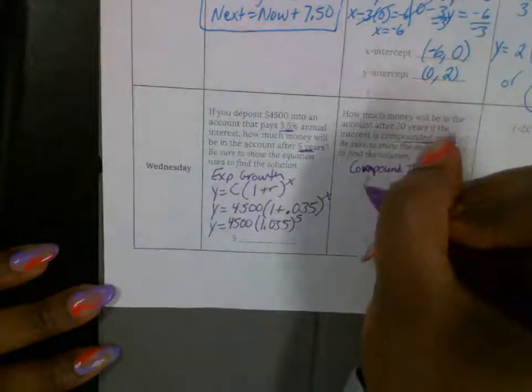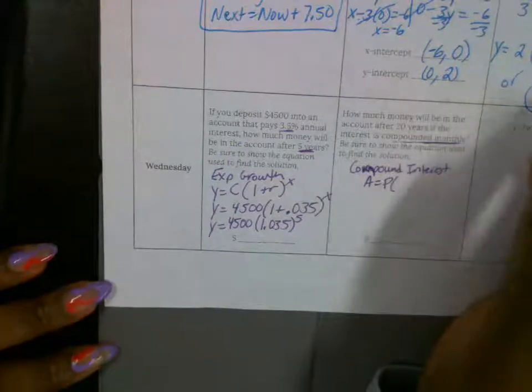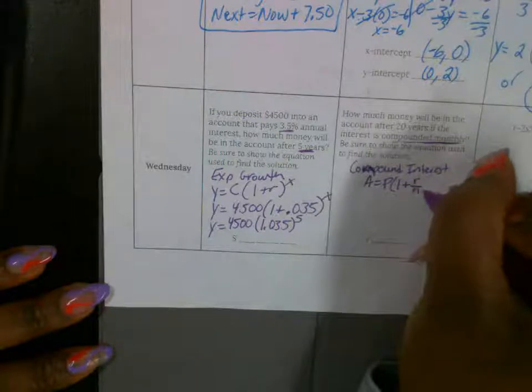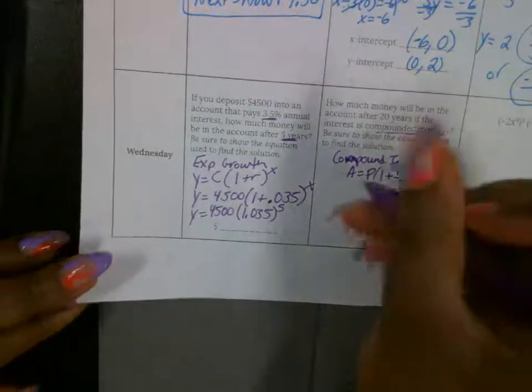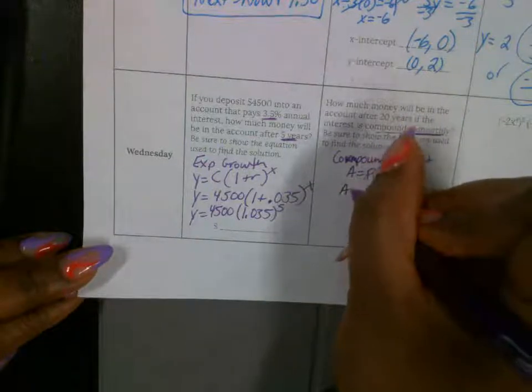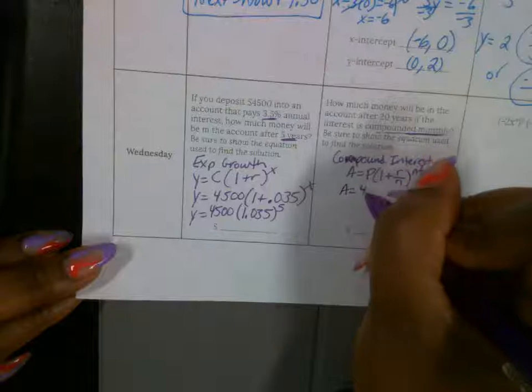Y equals P, or C. It's the same. 1 plus R over N, to the NT power. Very good. Okay. So now what do we substitute? You could put Y or A. What are we going to substitute for P? 4,500.